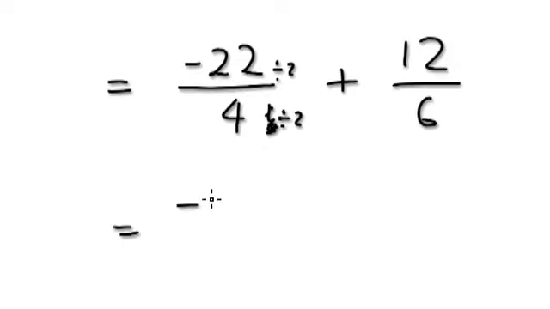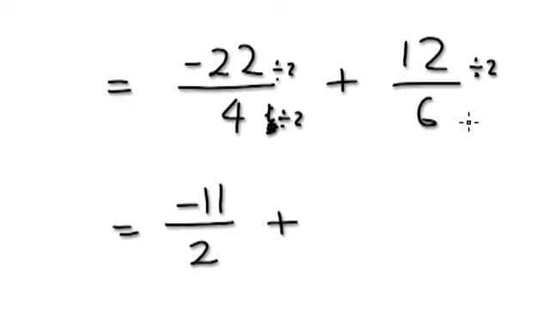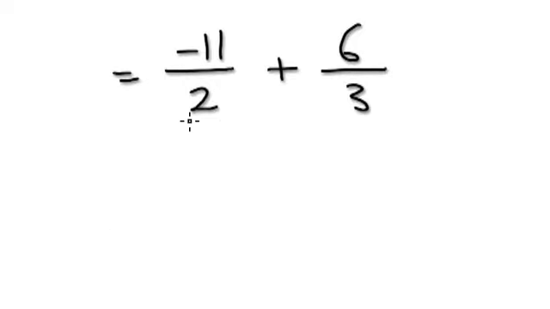So this would be minus 11 over 2 plus, even number, so I'm going to divide top and bottom by 2. So that would be 12 divided by 2 would be 6, 6 divided by 2 would be 3. Okay? Basically, it's just a matter of adding these two fractions together.